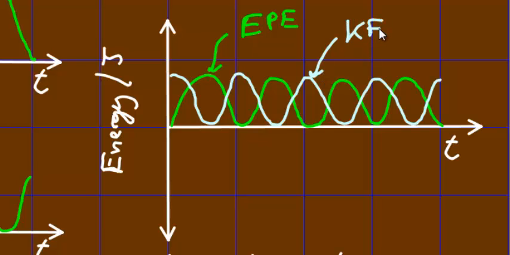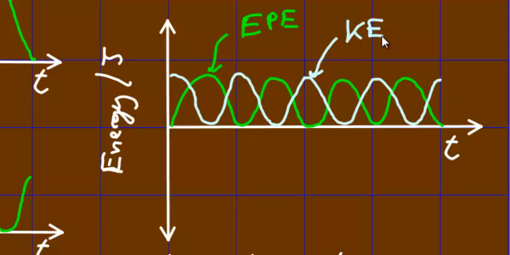In other words, when one's a maximum, the other one's a minimum. When the pendulum's at its extreme, when the mass on the spring is stretched to its fullest extent, it's momentarily not moving: maximum potential energy, but zero kinetic energy, and vice versa. At the equilibrium position, it's moving the fastest, but the spring is unstretched and the pendulum's hanging straight down. So you can see how those two correspond.